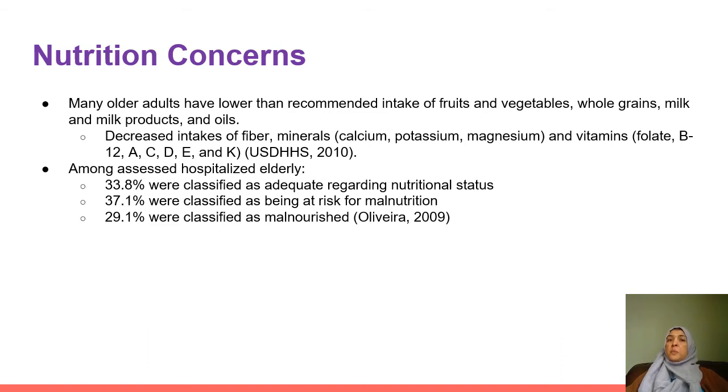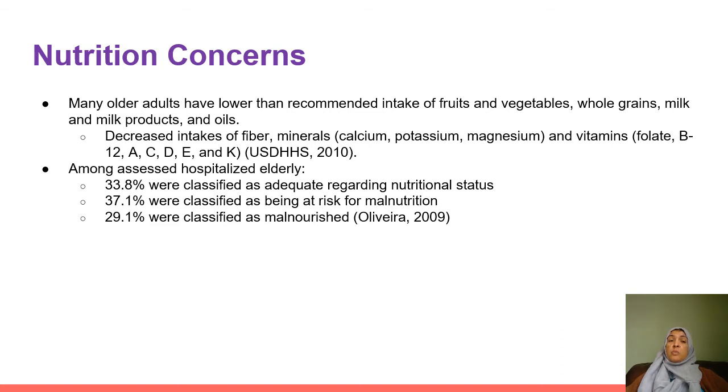Food intake normally decreases as people age, even among healthy older adults. They're not getting the daily recommended intake of fruits and vegetables, whole grains, milk and milk products, and healthy fats. This leads to deficiencies of fibers, minerals, B vitamins.